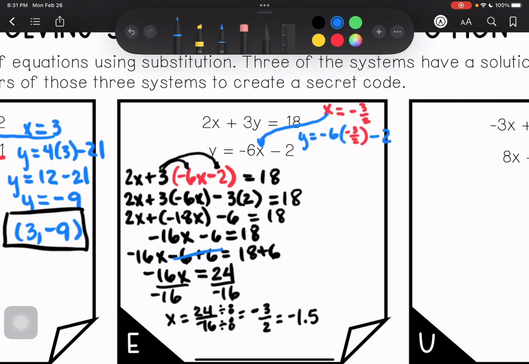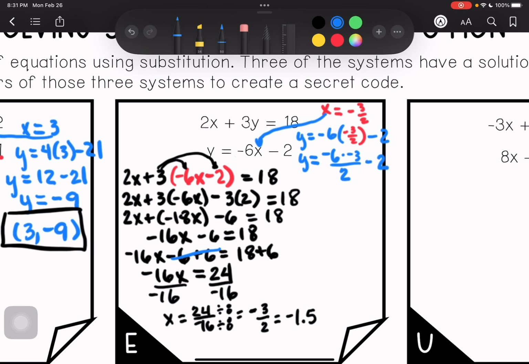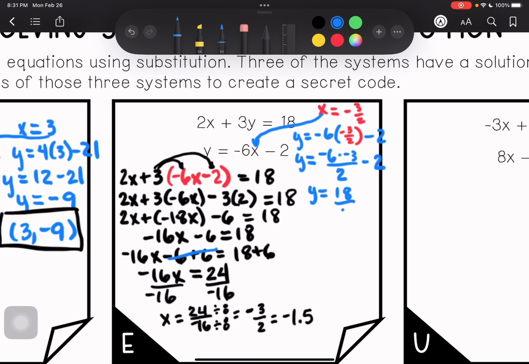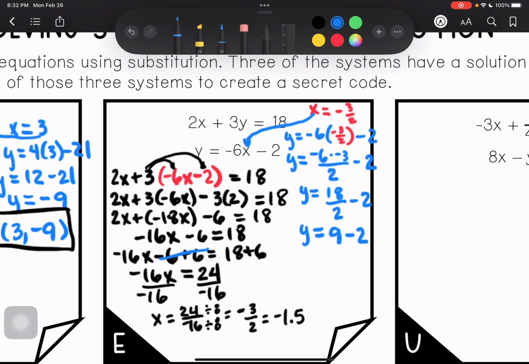When I multiply fractions, I multiply the numerators, so that's negative 6 times negative 3 over the denominator, which is 2, minus 2. A negative times a negative is a positive 18 divided by 2, minus 2. Therefore, y equals 18 divided by 2 is 9. 9 minus 2 is 7.